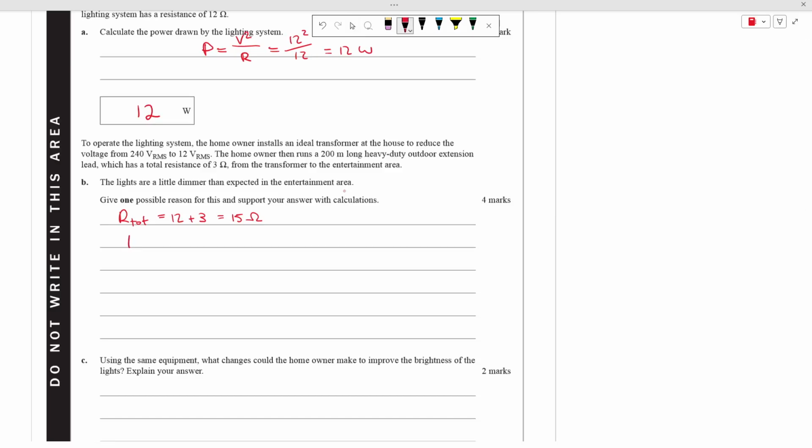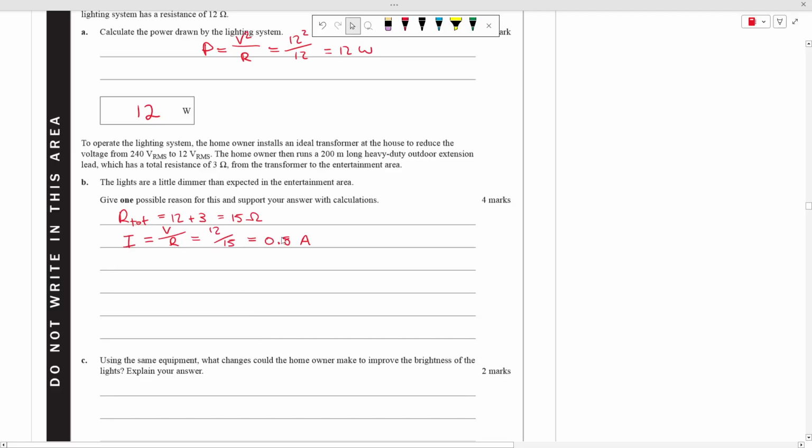So we could say the current of this whole system is equal to total voltage used up divided by total resistance. So that's 12 over 15, which is 0.8 amps. Sorry if I am pausing a lot and thinking, because I'm trying to do this blind, just to show you my thought process, as with all exams that I'm putting up on here.